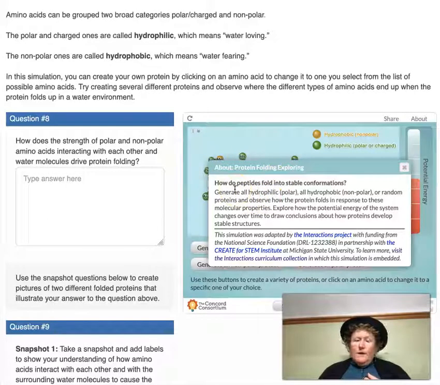So here's our simulation. How do peptides form stable conformations? Generate all hydrophilic, all hydrophobic, or random proteins and observe how the protein folds in response to these intermolecular properties. Explore how the potential energy of the system changes over time to draw conclusions about how proteins develop stable structures.